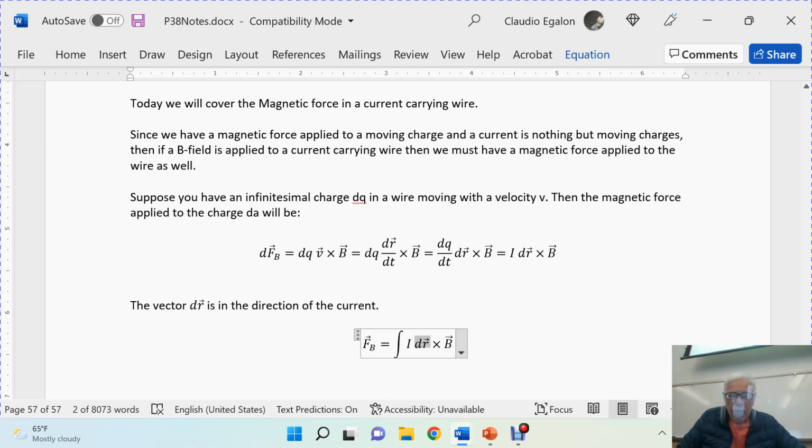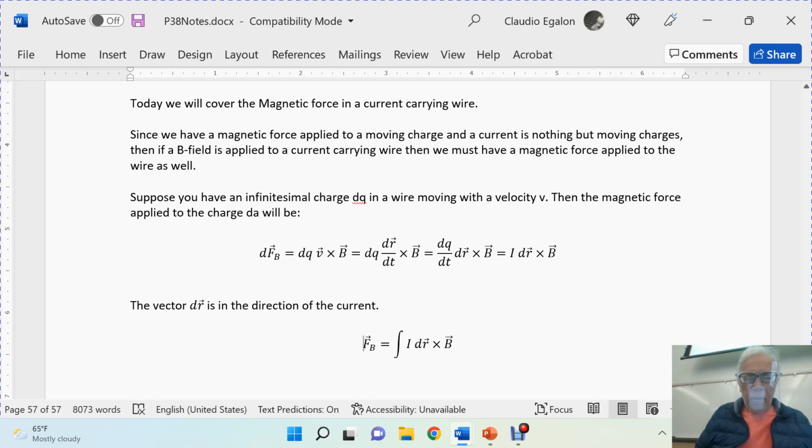Let's do some examples. Simplest of all examples.